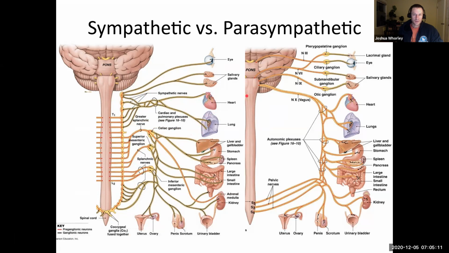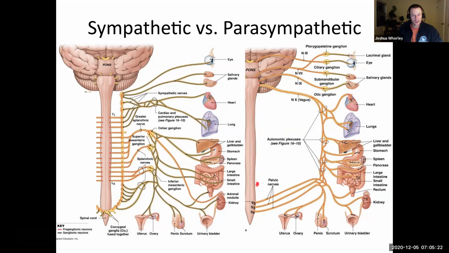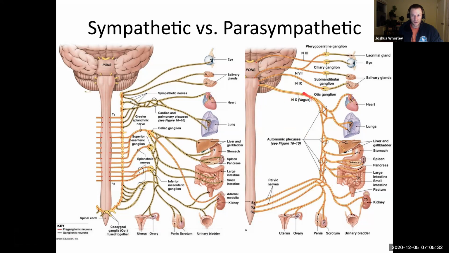Whereas all these parasympathetic are controlled by the cranial nerves and a few sacral nerves, right? So it's all located in the cranial nerves or a few sacral segments of the spinal cord, right? And of course, these are just for the lower body. But most of this is taken care of by the vagus nerve, the wandering nerve, right? Serves all of these tissues with parasympathetic fibers.